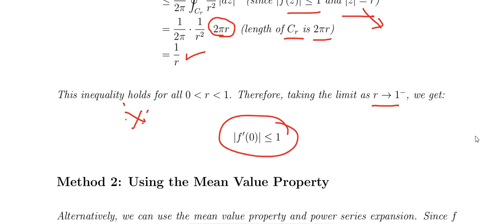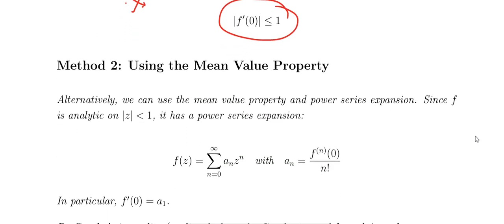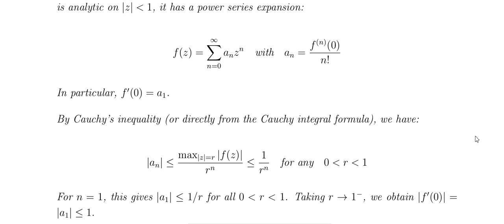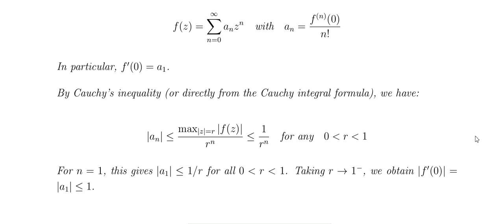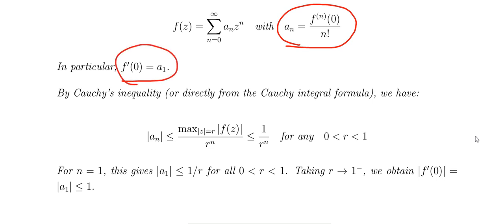So when you apply the mean value property, f of z equals summation a n z power n. So a n equals the nth derivative of f at the point 0 divided by n factorial. So f dash of 0 equals a1. So the Cauchy inequality gives mod of a n is less than or equal to the maximum of mod f of z on mod z equal to r divided by r power n.